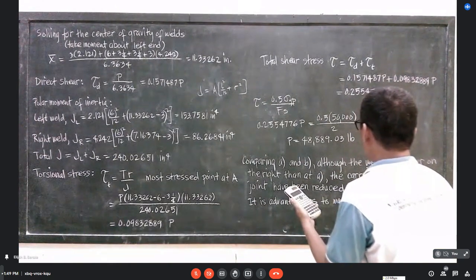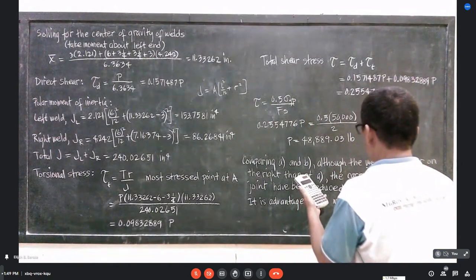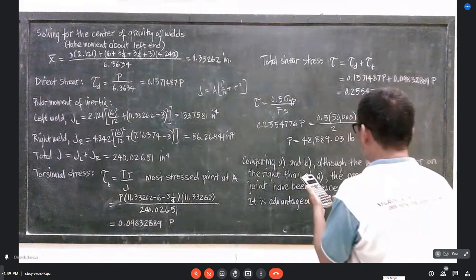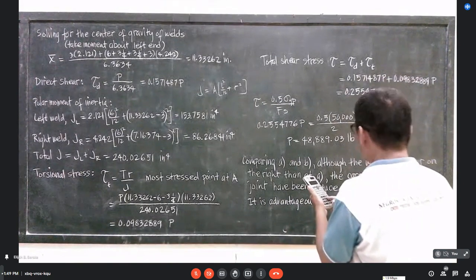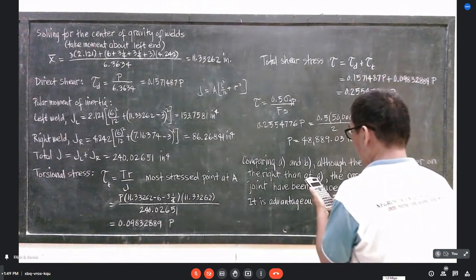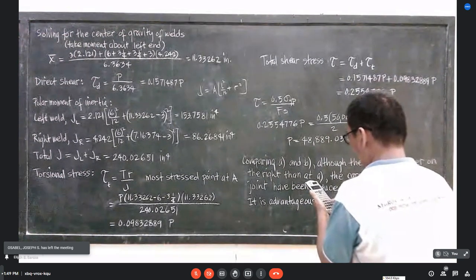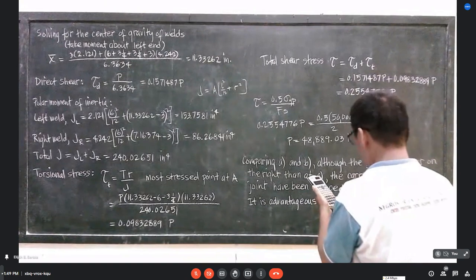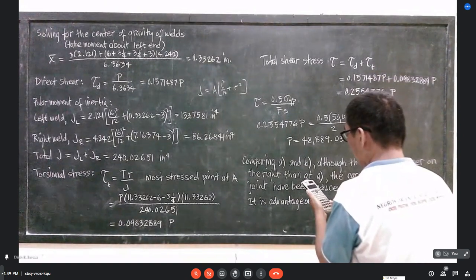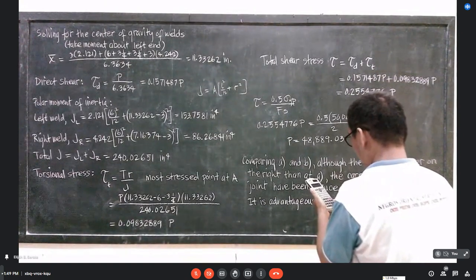So how much is P? So 0.5 times 50,000 divided by that one.